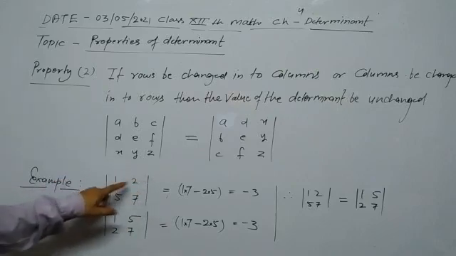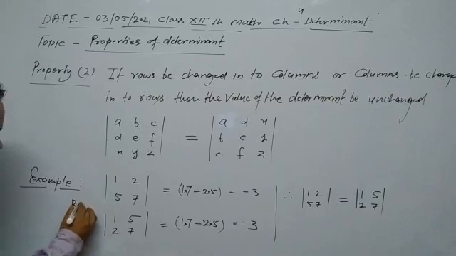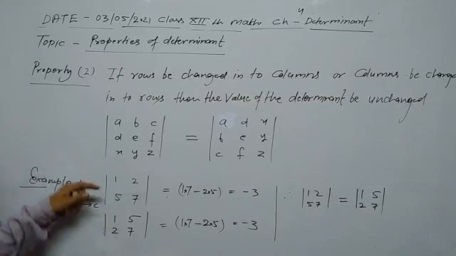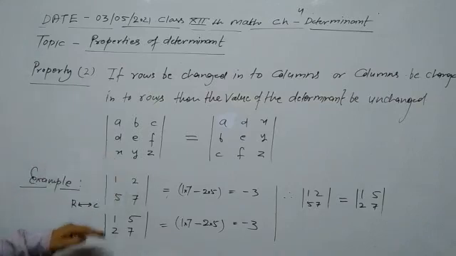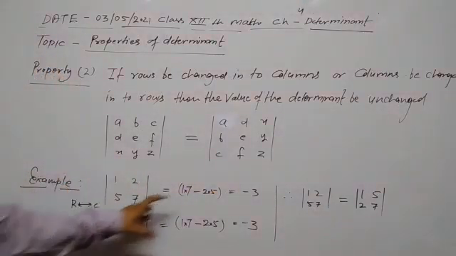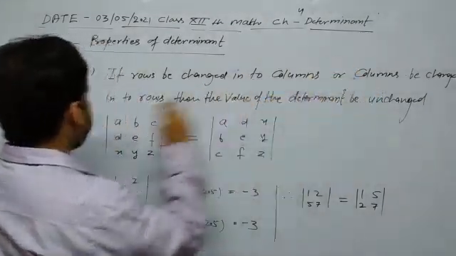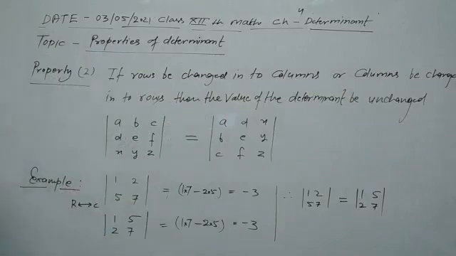We have taken the example 1, 2, 5, 7 and 1, 5, 2, 7. In these two determinants, rows are interchanged with columns. 1, 2 will be in a vertical column and 5, 7 in a vertical column. That result will be minus 3, so both results are the same. Therefore, if rows are changed into columns or columns into rows, the value of the determinant is unchanged.